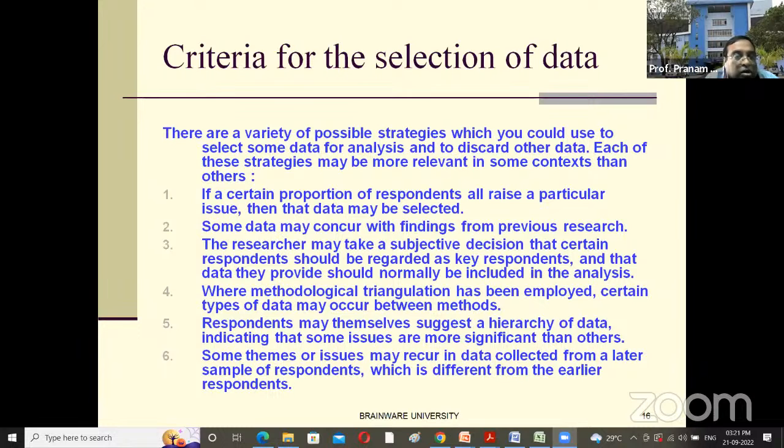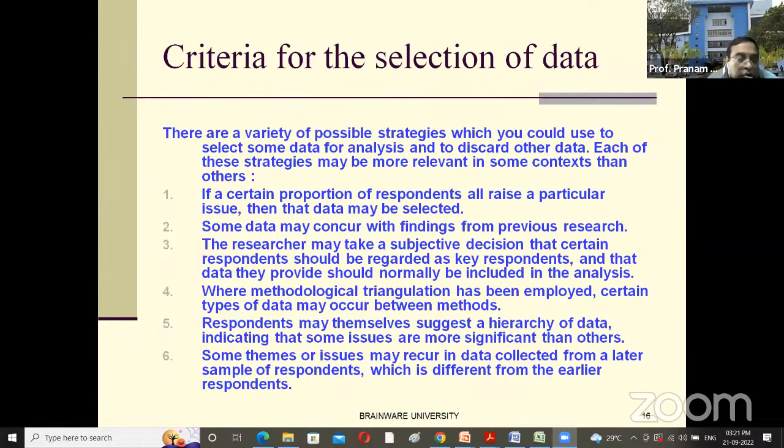The researcher may take a subjective decision that certain respondents should be regarded as key respondents, and that data they provide should normally be included in the analysis. Where methodological triangulation has been employed, certain types of data may occur between methods. Respondents may themselves suggest a hierarchy of data, indicating that some issues are more significant than others.